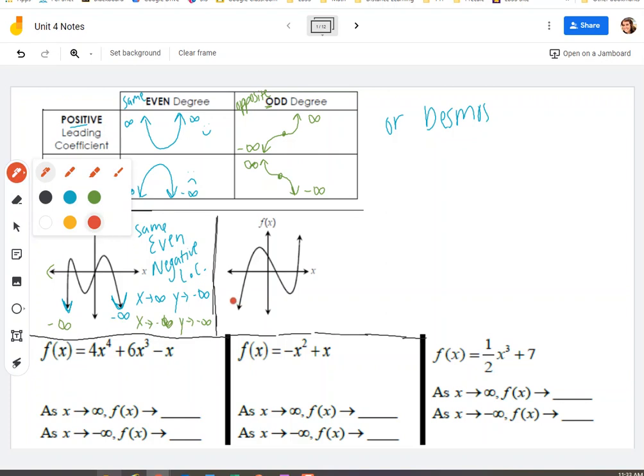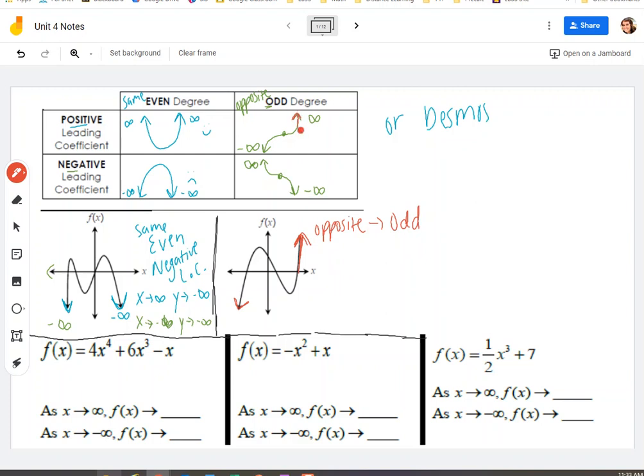If I look at this next example, I see my ends are opposite directions. So it's going to be an odd degree. And we can focus on just looking at the right side here. So right side is up or right side is down. Since this is up, it's going to be a positive leading coefficient.